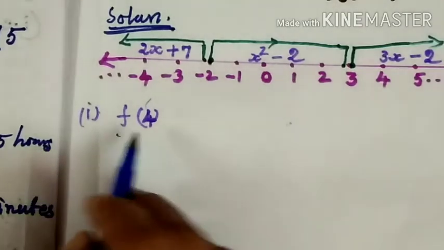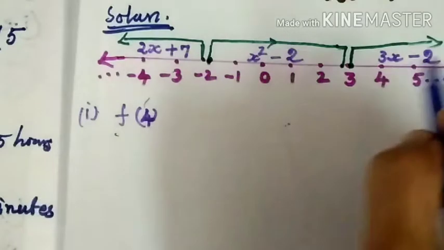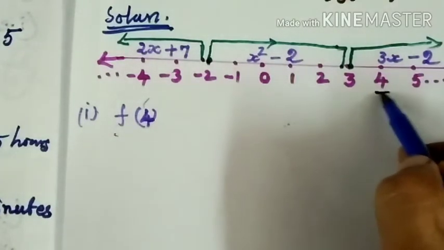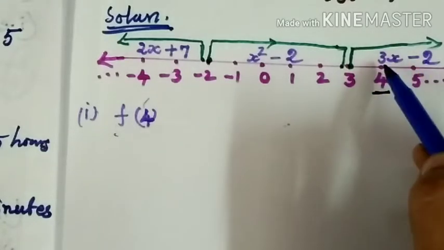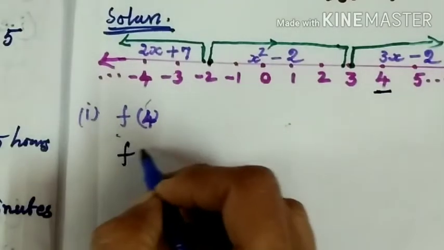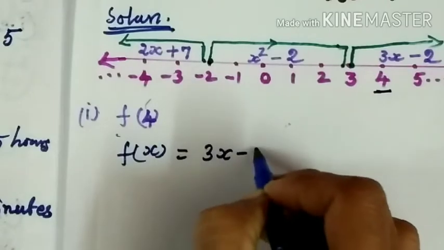Now come to the first subdivision, f of 4. See, this is the number 4, so function 4 is defined as 3x minus 2, that is f of x equal to 3x minus 2.